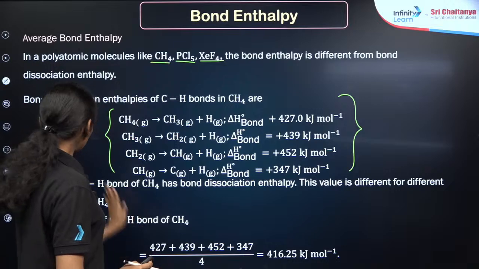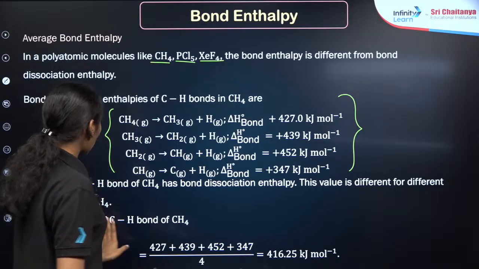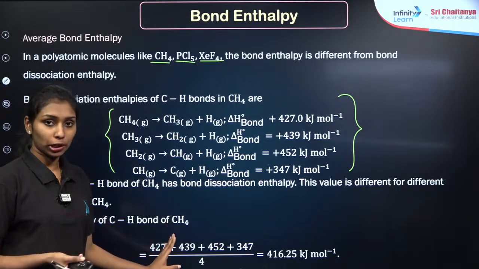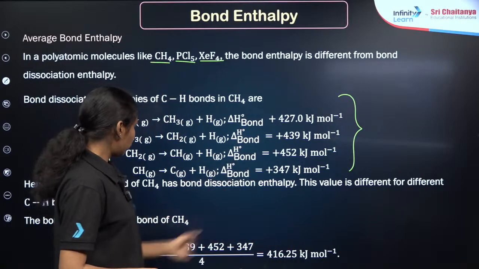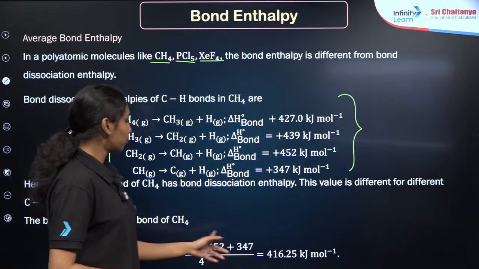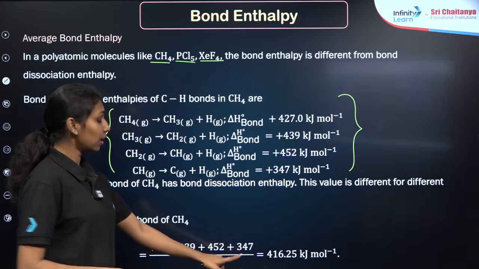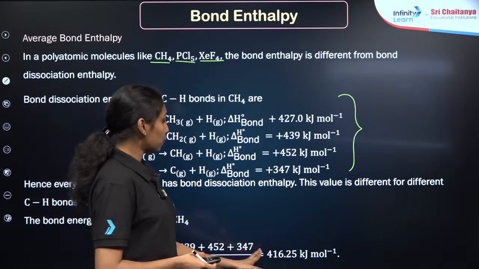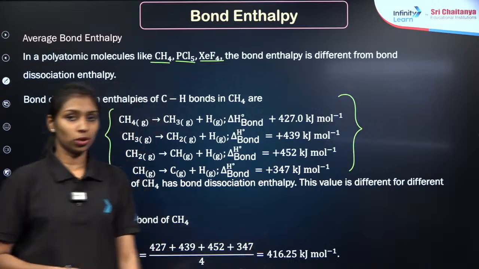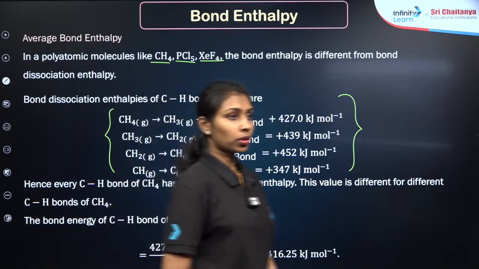So we can find the final bond enthalpy of the C-H bond in the CH4 molecule as the average of these 4 values: adding 427, 439, 452, 347, all divided by 4, we get the final average bond enthalpy of the CH4 molecule. It will be 416.25 kilojoules per mole. Clear?